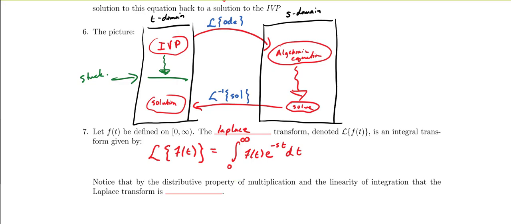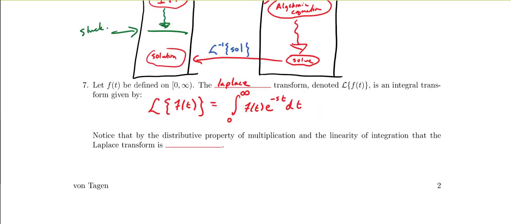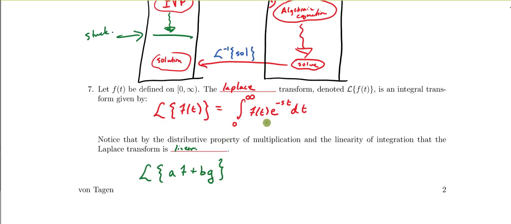Okay? So let's make one other comment: this isn't just any old transform, the Laplace transform is linear. By that I mean if we were to take the Laplace transform of some constant times the function f plus some constant times the function g, so a is a constant, f is a function, b is a constant, g is a function, then from our definition above of the Laplace transform, this would be the integral from 0 to infinity of a f of t plus b g of t, times e to the minus st dt.